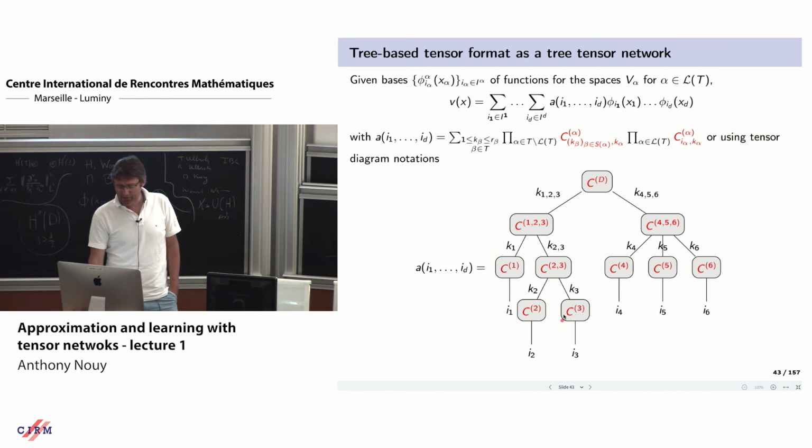The C1, C2, C3, and so on that you see here are the sets of coefficients of the basis of the minimal subspaces associated with the leaves in the particular basis you have introduced.